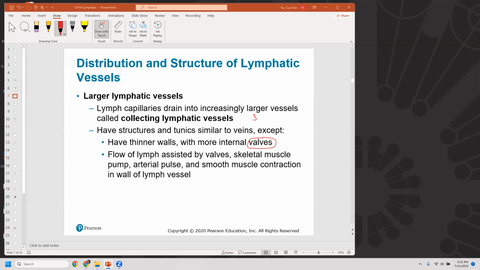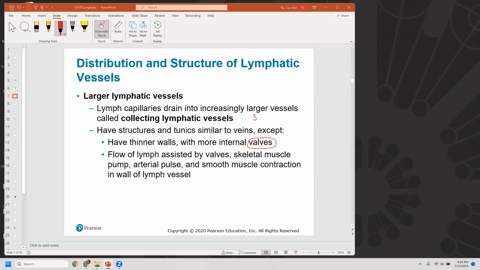Because now, as you move further away from the heart, what happens to the pressure? Stays the same, increases or decreases? Decreases. Exactly. So it decreases to the point where at this point, what has to then help move the blood from the veins back to the heart?